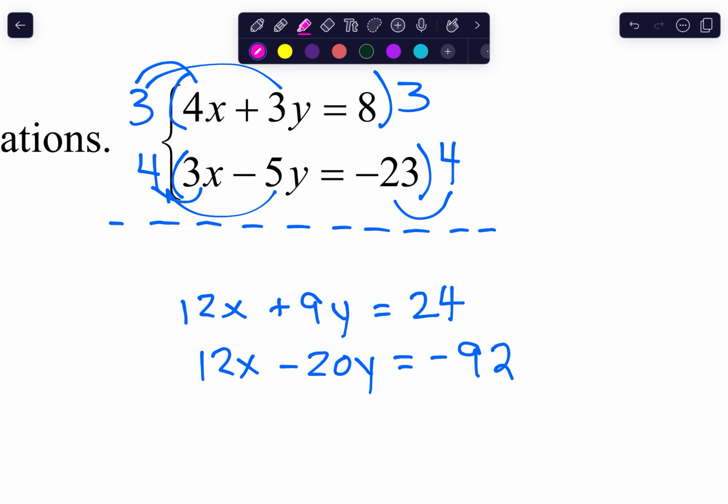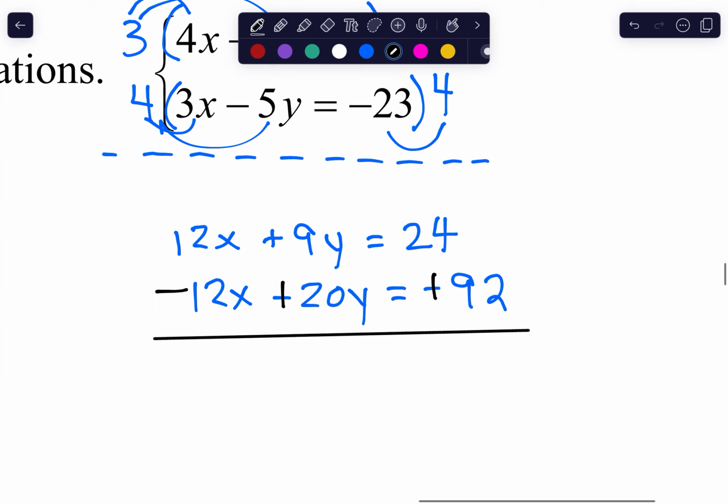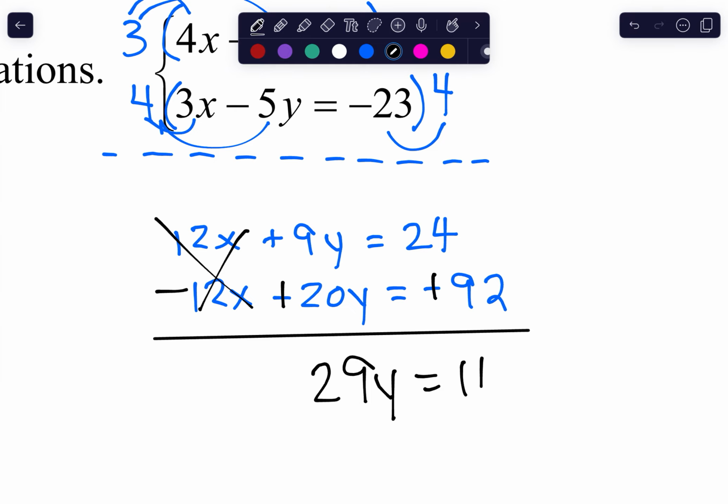Now we say, okay, my x terms are the same, so when they are the same, we subtract. So what that subtraction does, it makes both of those negatives positives. So 12 minus 12 cancels. 9 plus 20 is 29y. And then 92 plus 24 is 116.